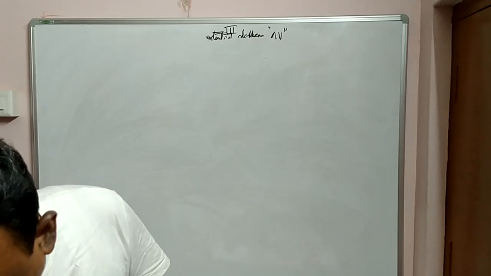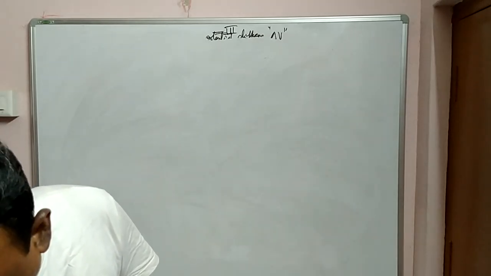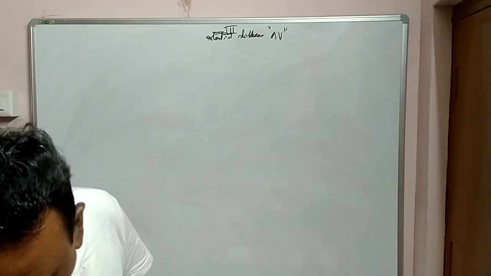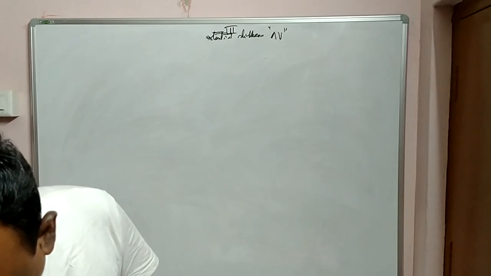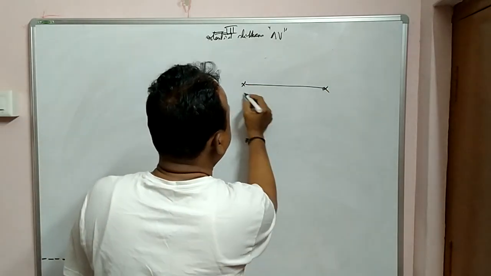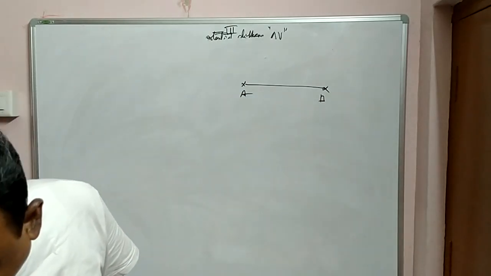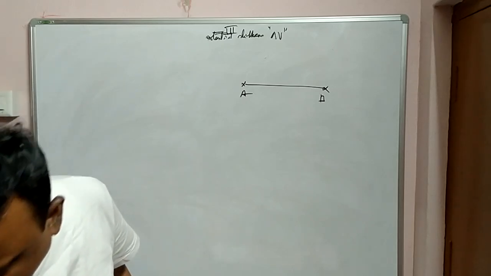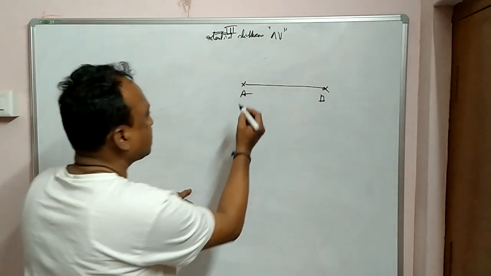Now for example, see, here the problem is given in this fashion. There are 2 points, namely A and B. At A, suppose there are, how much value is given? 6 coulombs charge.